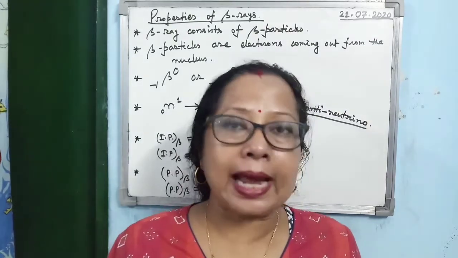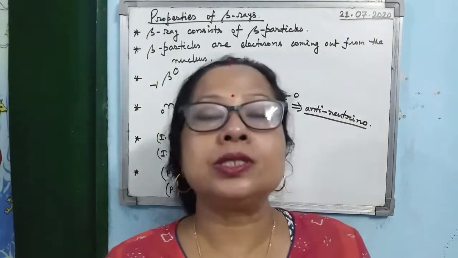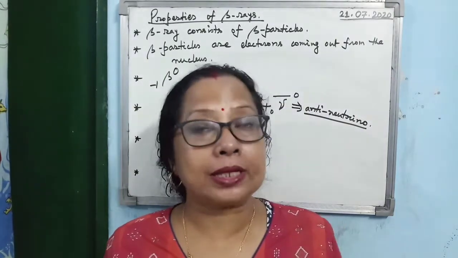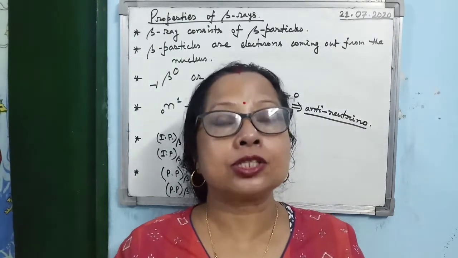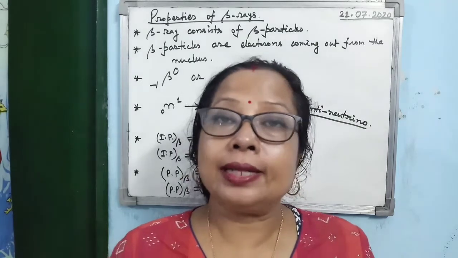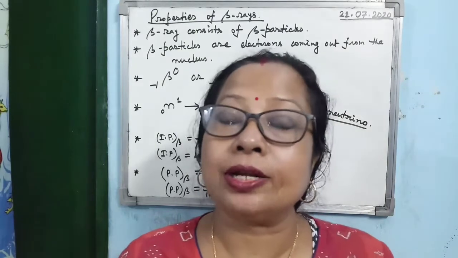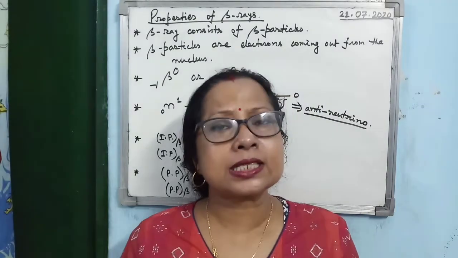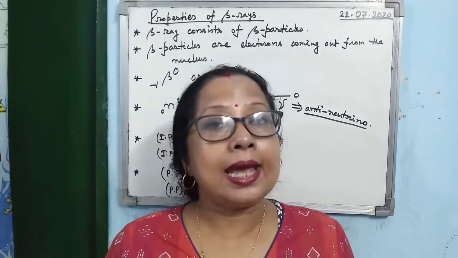We know that in an atom, electrons stay outside the nucleus in different orbits. The electrons in the different orbits are not at all beta particles, because beta radiation is part of radioactivity, and radioactivity is completely a nuclear phenomenon.